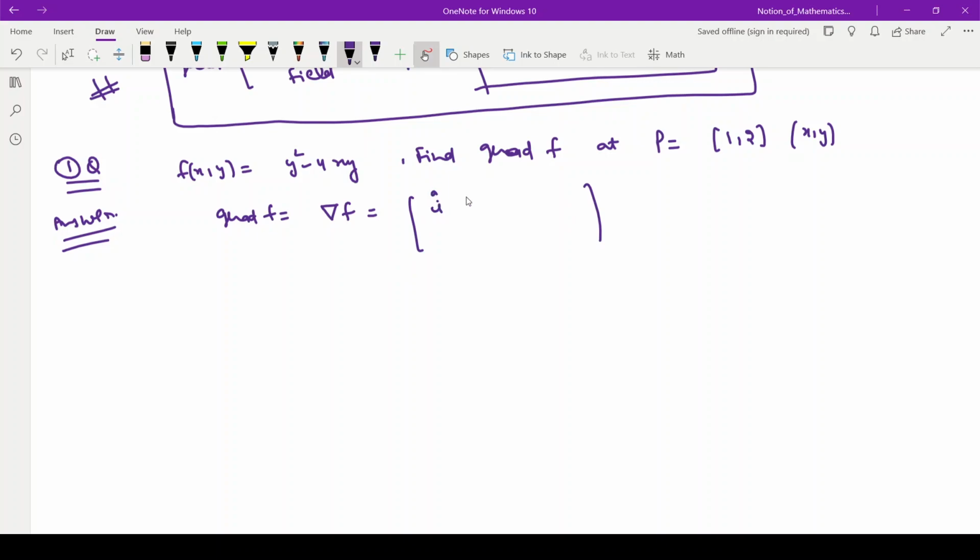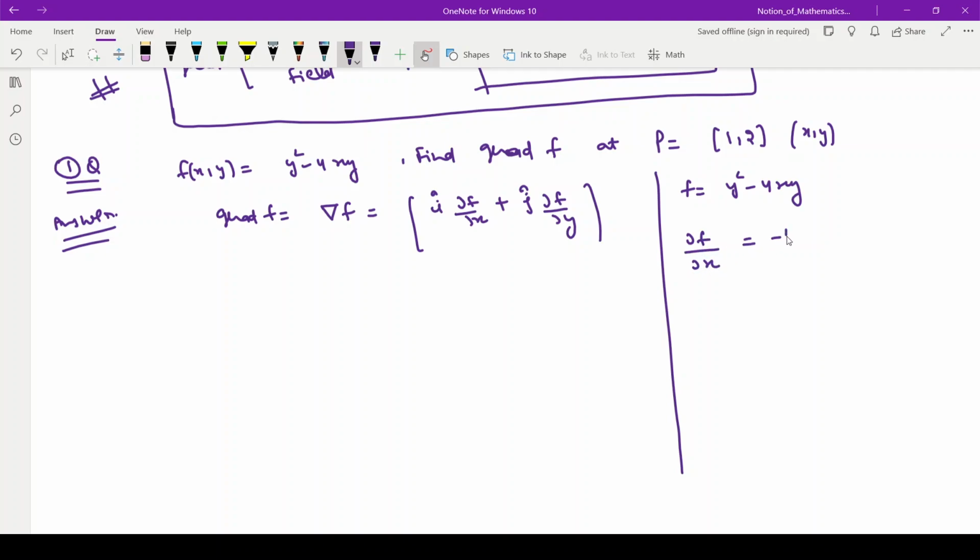The formula is i cap partial f by partial x plus j cap partial f by partial y. So f is given here as y squared minus 4xy. So what will be the value of partial f by partial x? That is minus 4y. And what is the value of partial f by partial y? That is 2y minus 4x.